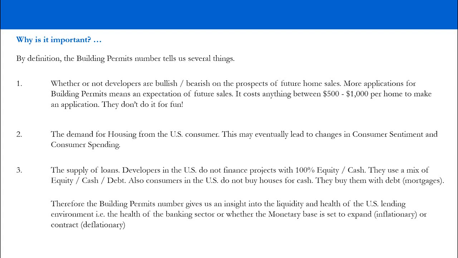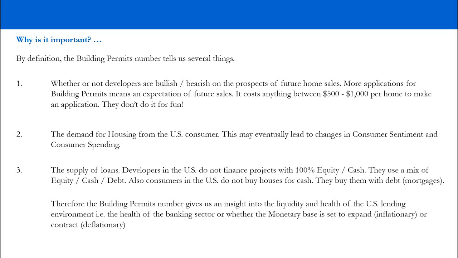Because the more permit applications that go into local state planning departments, the higher the expectation of future sales. It actually costs money to make a planning application. It costs anything between $500 to $1,000 per home to make the application. And of course, these guys don't do it for fun. If it costs money, it's pretty serious.